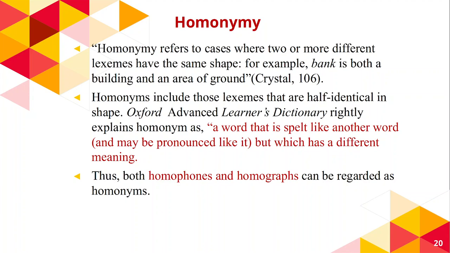Again, I would like to quote David Crystal, who says, I quote, "Homonymy refers to cases where two or more different lexemes have the same shape." Shape means the way it is written, the spelling which appears when we see a word.